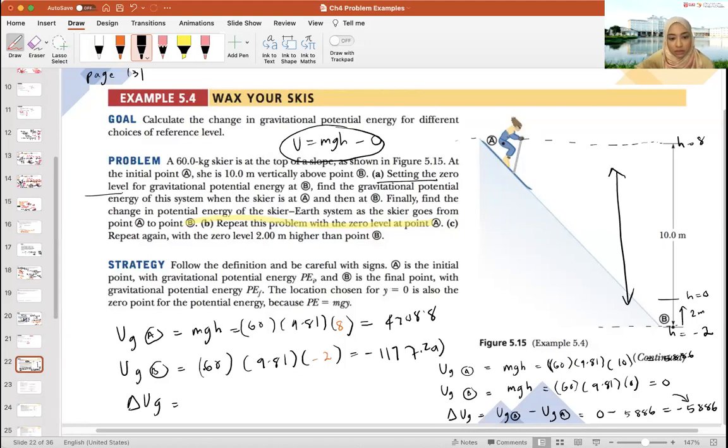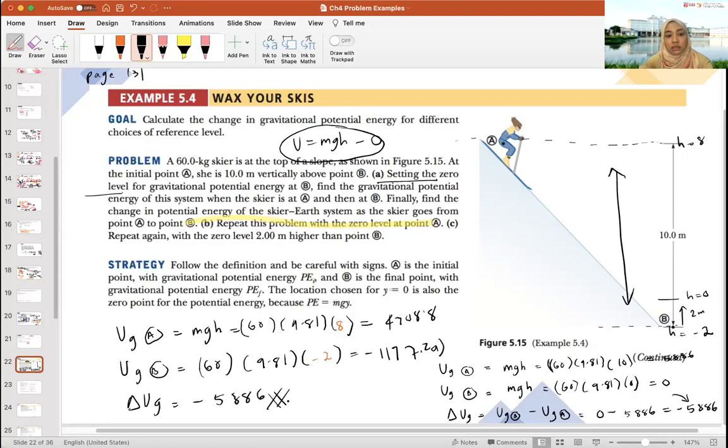And then UG is UGB minus UGA, so that is going to be minus 1177.2 minus 4708.8. So the answer is the same, 5886. Same. This again shows you that MGH is a relative energy.